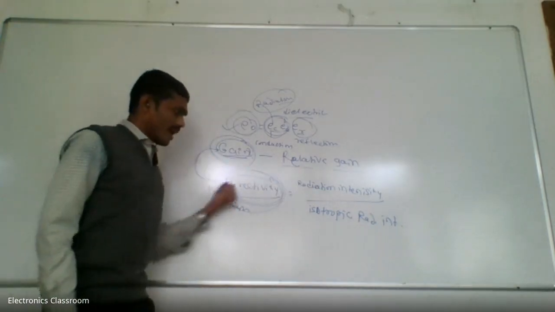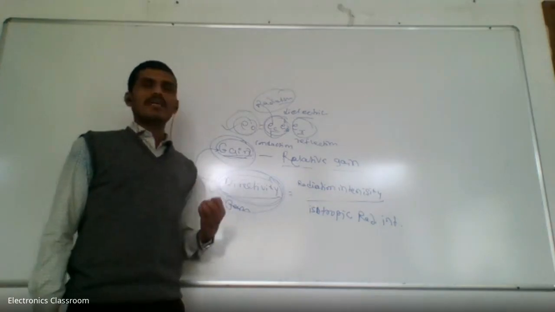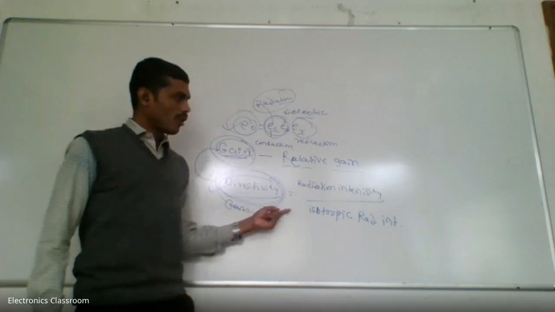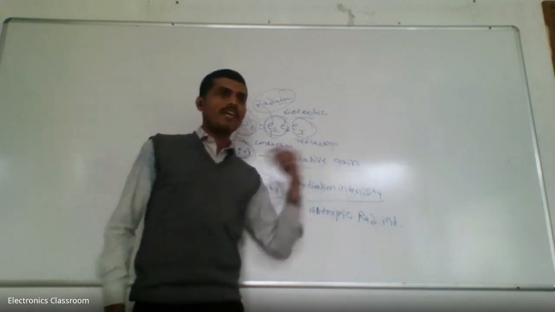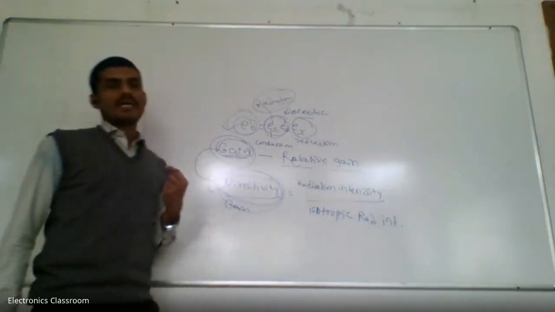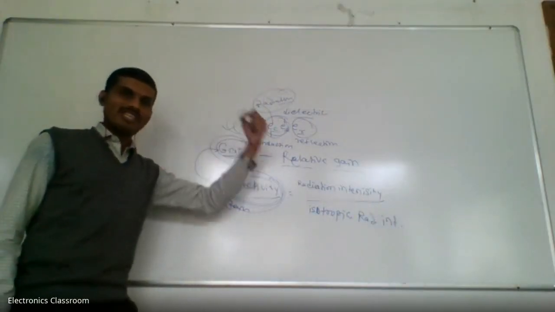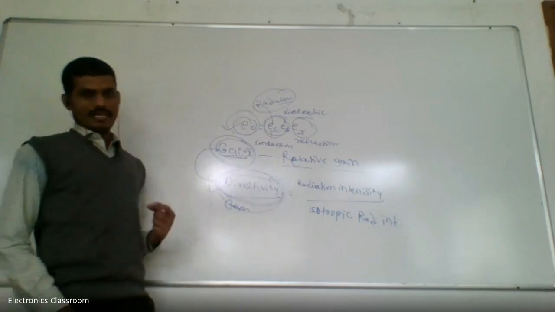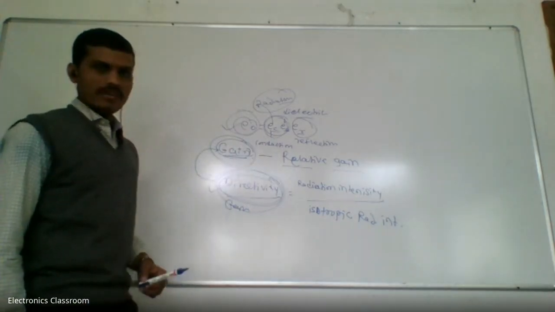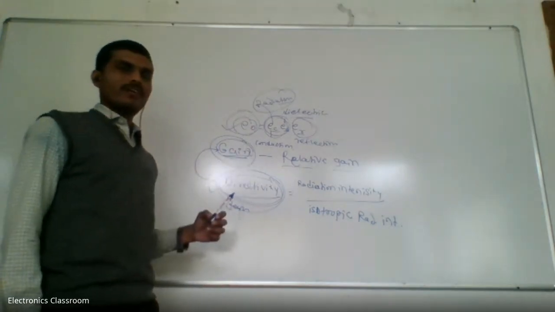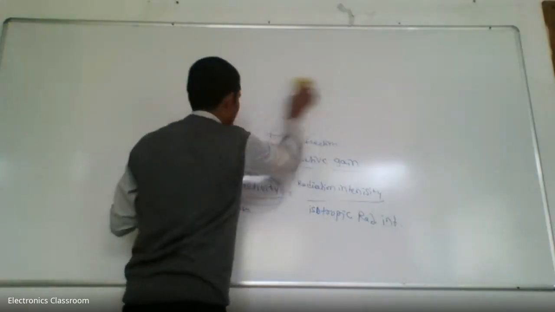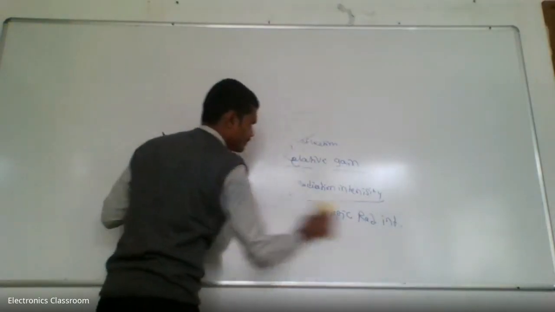And your directivity is the ratio of radiation intensity of the antenna in a particular direction to the isotropic radiation intensity of the same antenna. So by using these two parameters, we can derive the next parameter, that is gain.